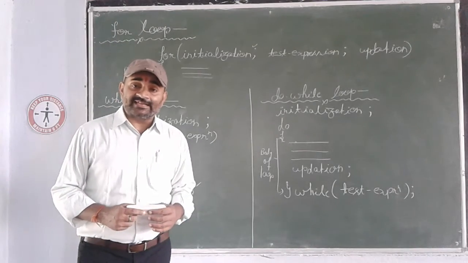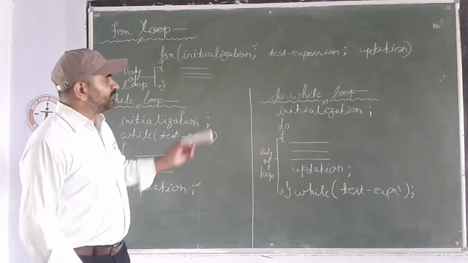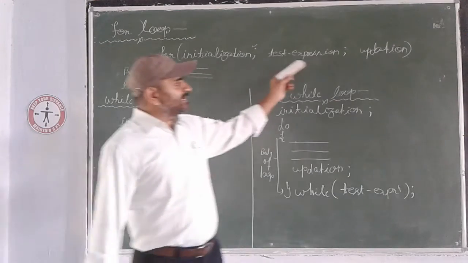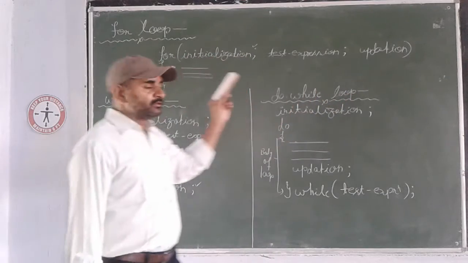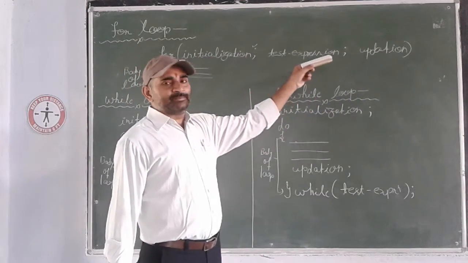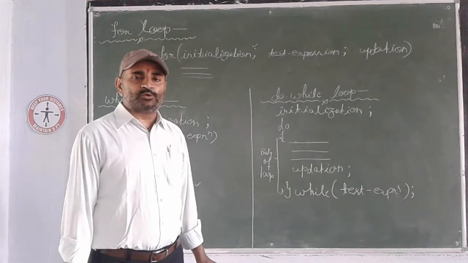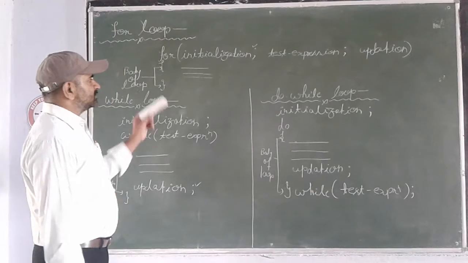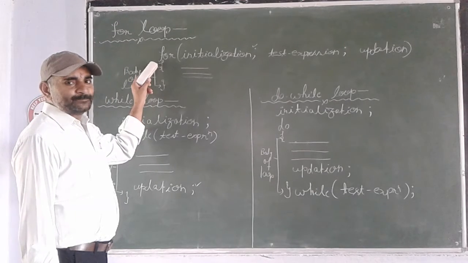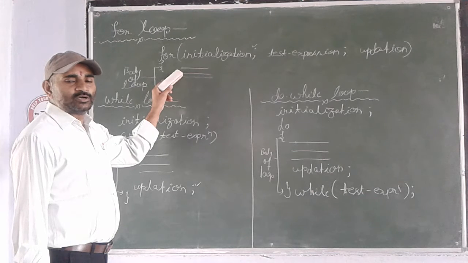Initialization, test expression and updation, all three things we define in a single statement in the for loop, and they are terminated by semicolons. As you can see on the board, after this we open the curly brace and write whatever statements we want in the body of the loop.